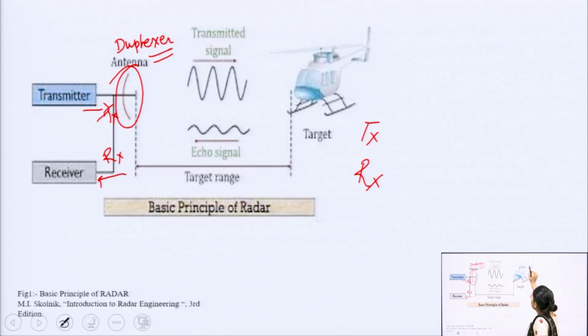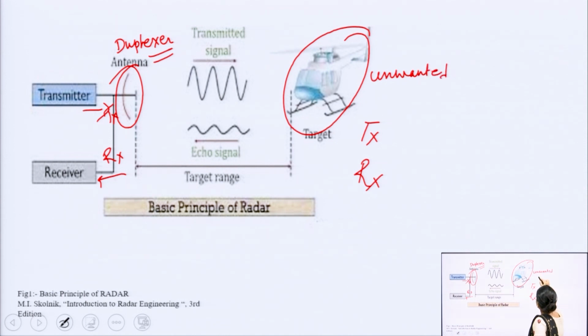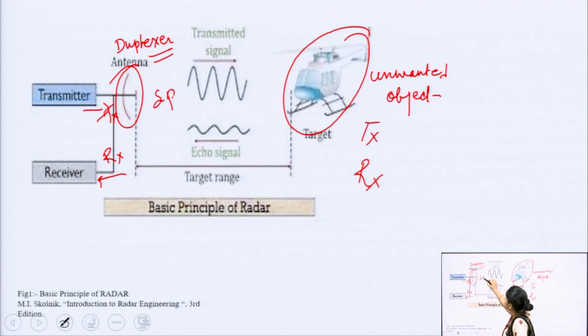Now, this is our target, or we can say an unwanted object which has entered the territory. So, what is going to happen? The signal is transmitted from the transmitter section, and the transmitting antenna transmits it into the free space.